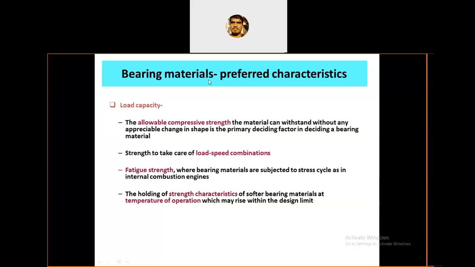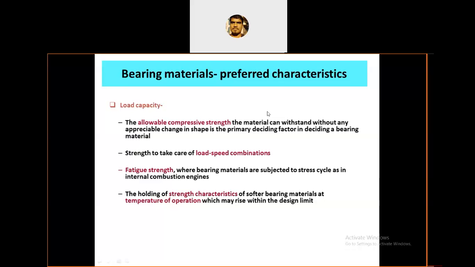In that, the allowable compressive strength. The first thing is the load carrying capacity. In that, the compressive strength of the material can withstand the load without any appreciable changes, without any deformation, and also without any changes in the shape.